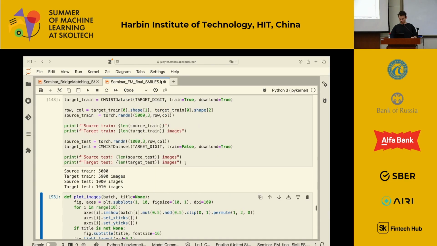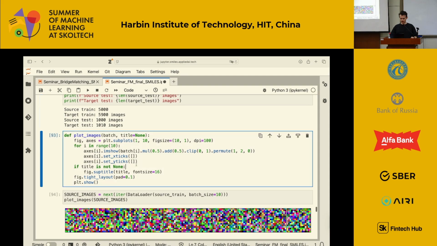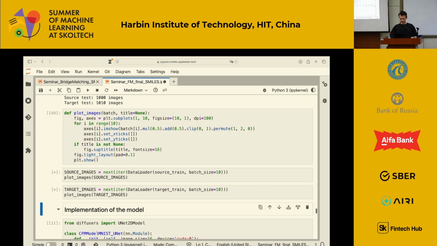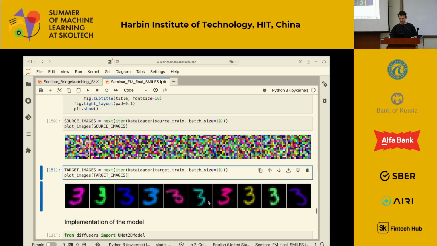So let's take a look at our samples from our distribution. We would have 5,000 or 6,000 images in our dataset. Let's plot them. So these ones, yeah, you can see it's a colored digit 3.